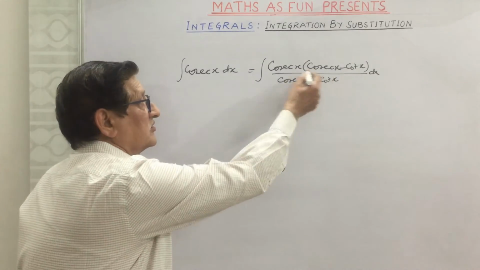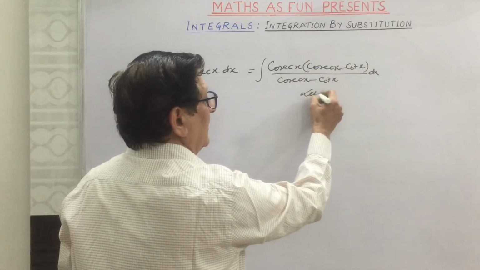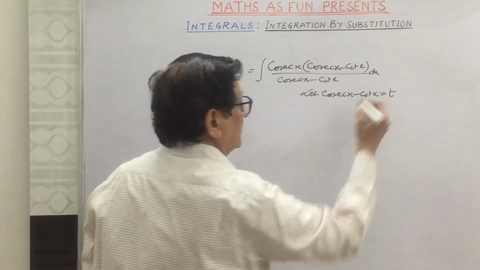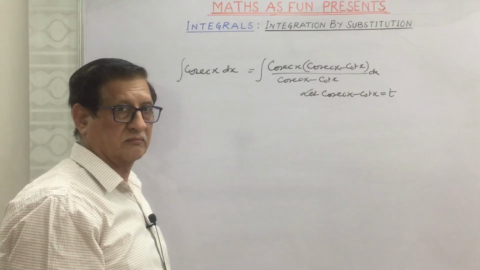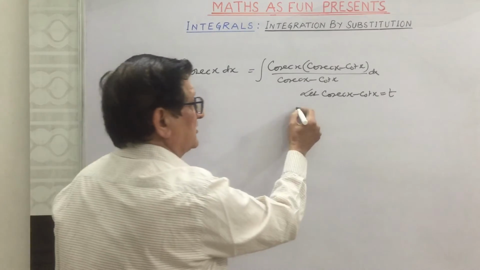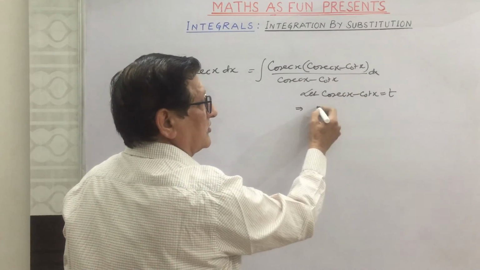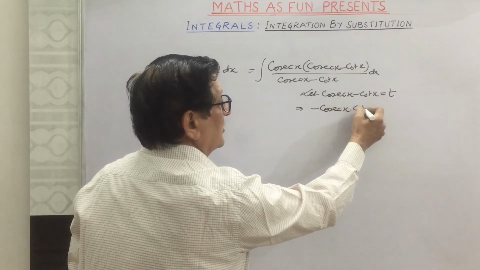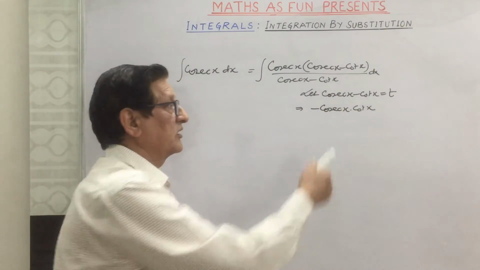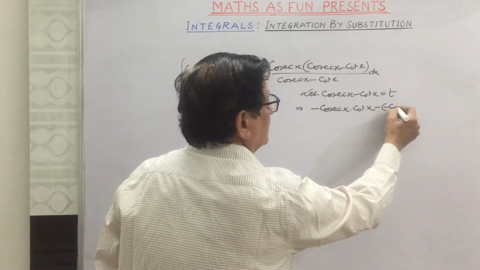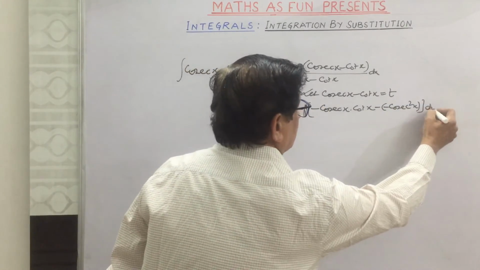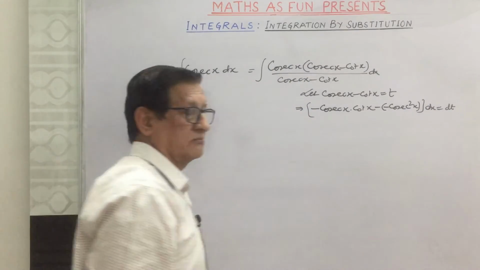Let cosec x minus cot x be equal to t. Differentiating this, we get the derivative of cosec x, minus cosec x into cot x, and that of cot x is minus cosec square x, so dx is equal to dt.